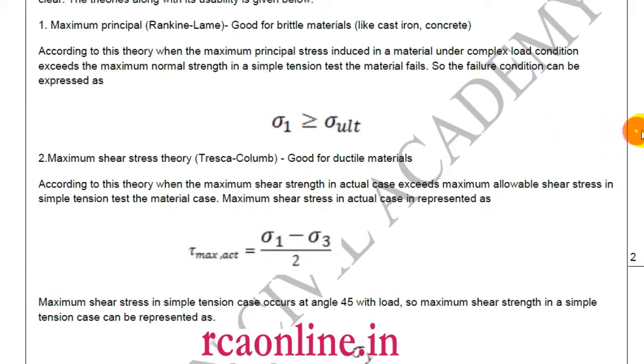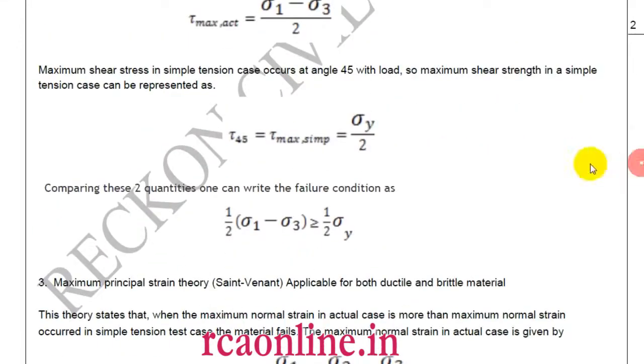If we draw the Mohr circle for our simple test, then the Mohr circle will pass through the origin, since we have only one value, which is sigma y. And the maximum shear stress will be sigma y by 2.